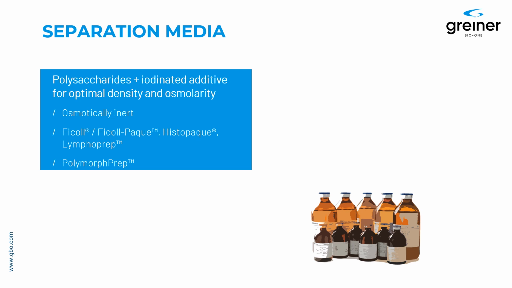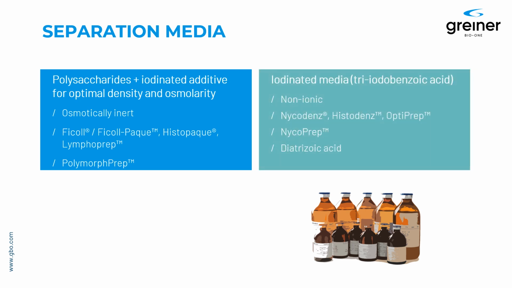Often an iodinated additive such as diatrizoate, which is a radiopaque material, is added to adjust for density and viscosity. In fact, there are several non-ionic radiopaque materials that can be used as a separation medium. These are derivatives of triiodobenzoic acid.